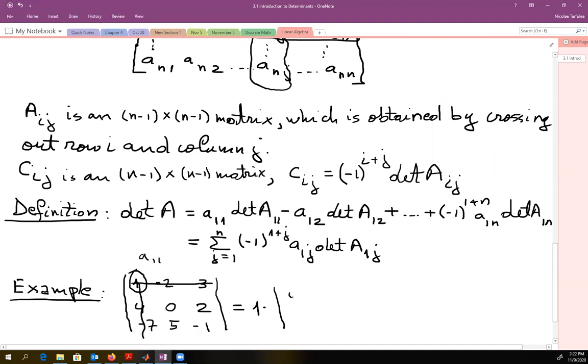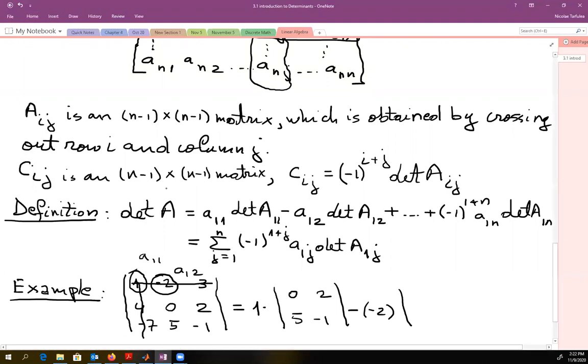So here you have 0, 2. This is what's left: 5, -1. Minus this element here. So this one is A12. So minus 2 times the determinant corresponding to crossing out the first row and the second column.